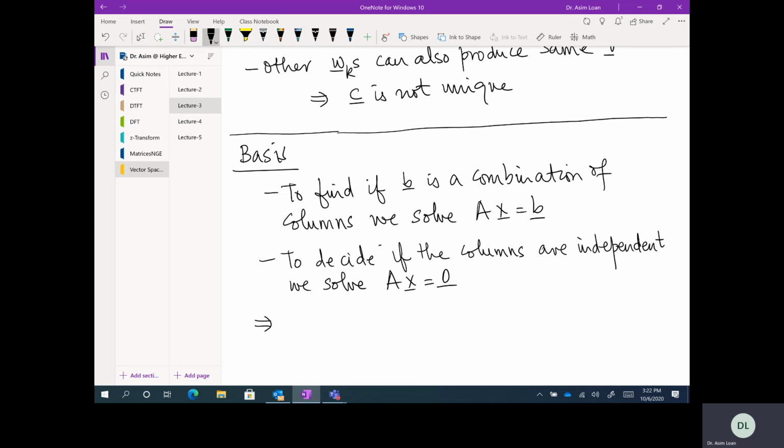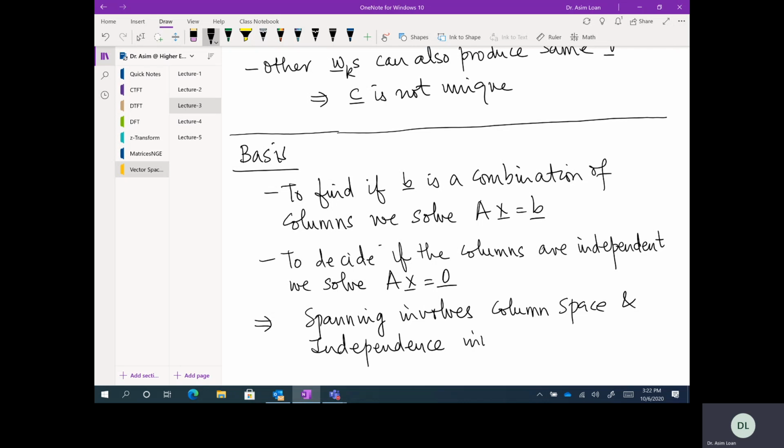So this implies spanning is in column space and independence involves null space.